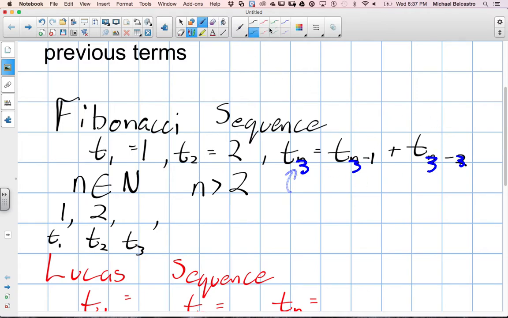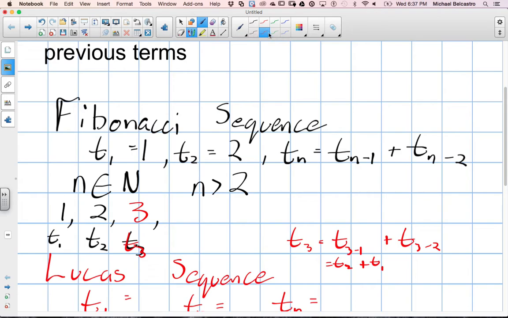So let's actually do that. T3 would equal T(3-1) plus T(3-2). T(3-1) would be T2 plus T1. And T2 and T1 are 2 and 1, so we add them together and we get 3.